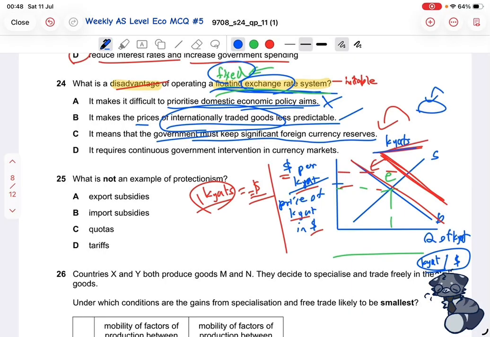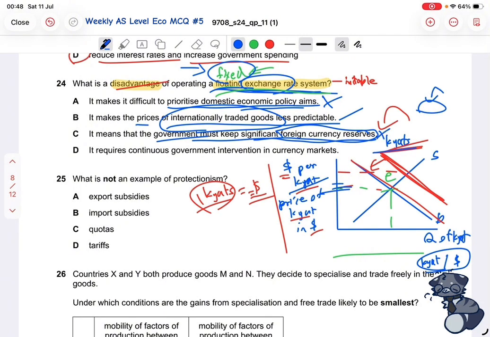Yes, in a fixed exchange rate, you would need that because you are using foreign currency reserves to buy and sell the currencies in the foreign exchange market to influence or manipulate the price or the value of your currency. Now that applies to the fixed exchange rate, not the floating exchange rate. So we're going to cross that off.